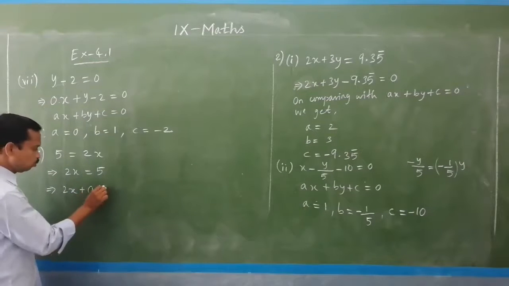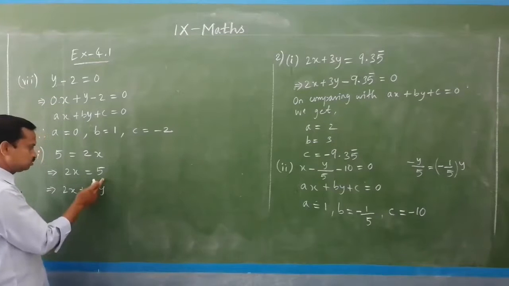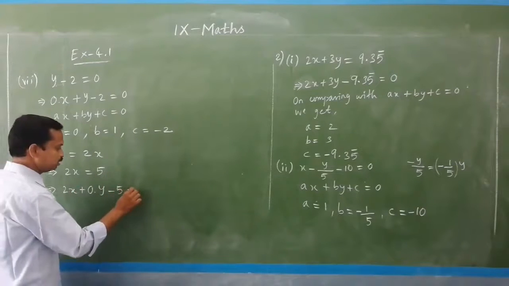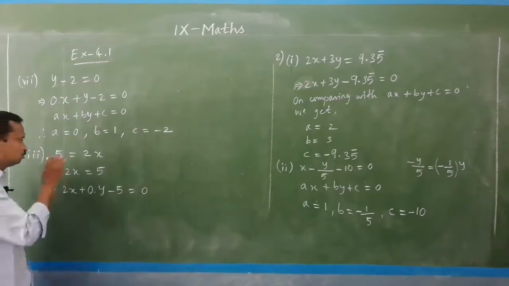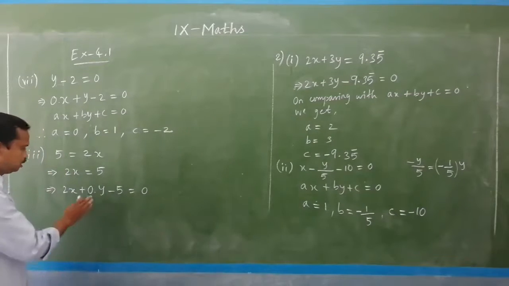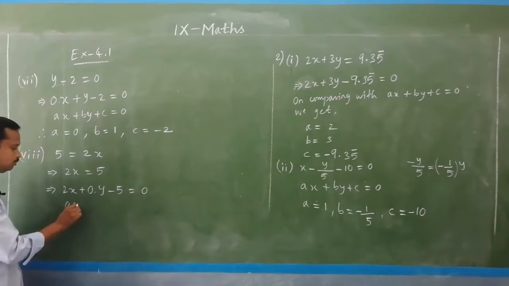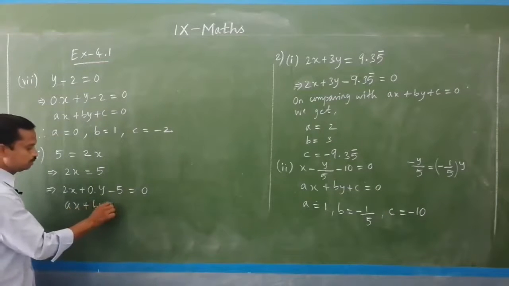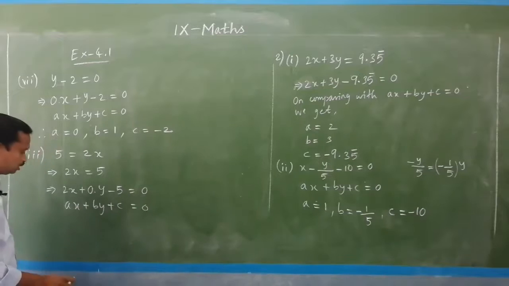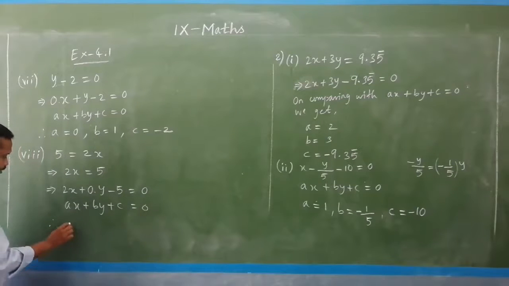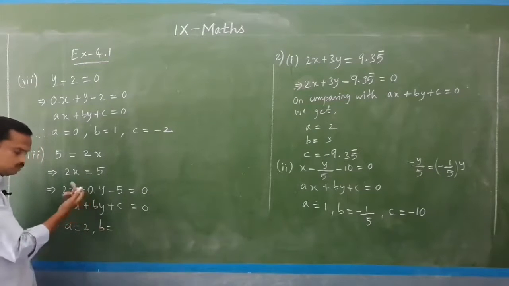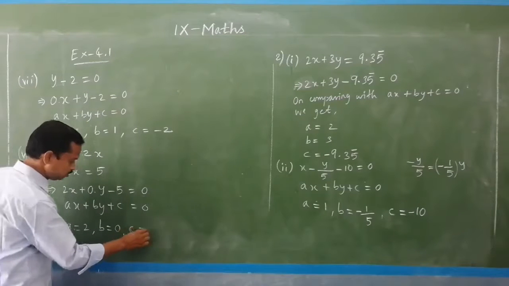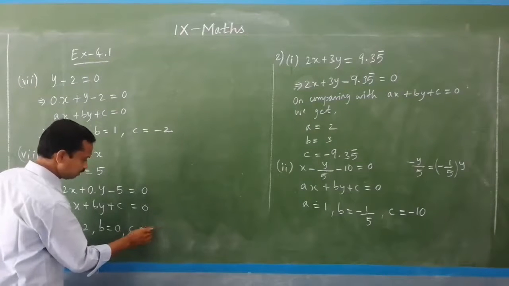So, 0y, and bring this 5 to the left side, it becomes minus 5, equal to 0. So, now we have written this given equation 5 equal to 2x in general form. So, compare ax plus by plus c equal to 0, and now you get a equal to, what is the coefficient of x? 2, b equal to, what is the coefficient of y? Here 0, and c equal to minus 5.